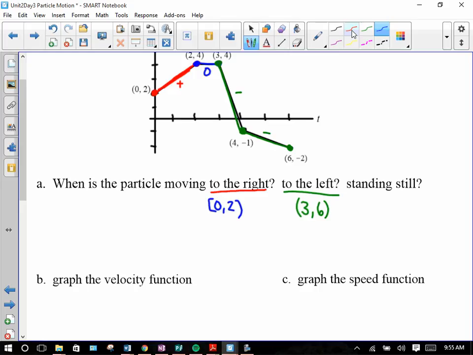I'm not going to bracket 3, because it's not differentiable there. There's a corner, with slope 0 on one side and negative on the other, so there's no derivative value. And then standing still is 2 to 3.